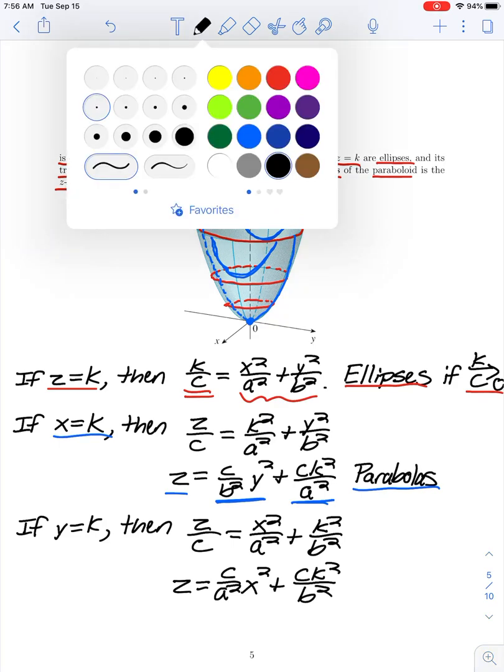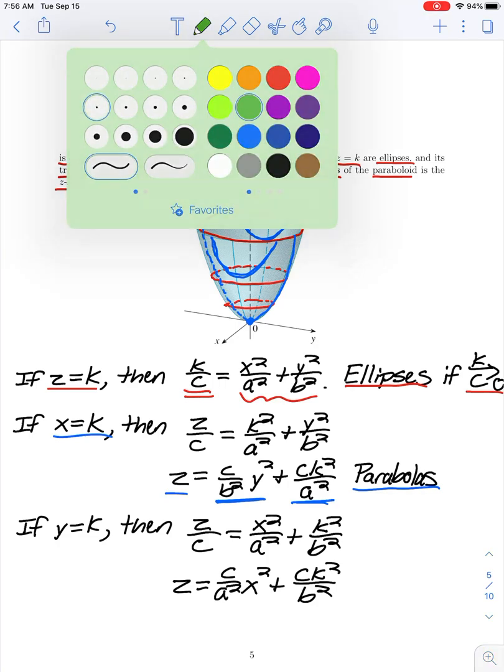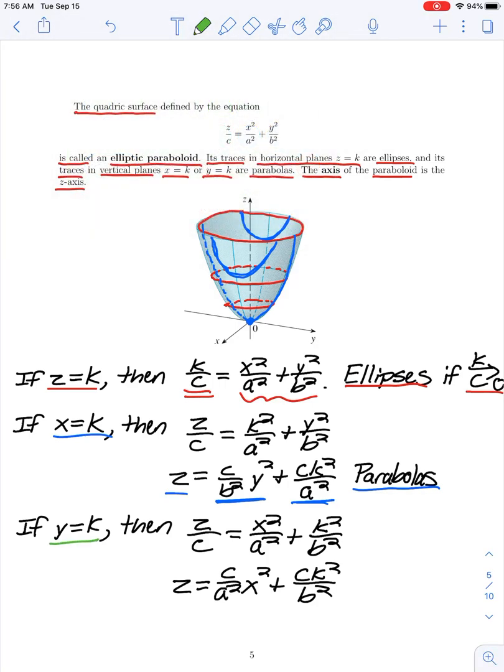So in the xz plane or planes parallel to that, we would have an equation where z is a quadratic function of x, which would represent a parabola in that plane.